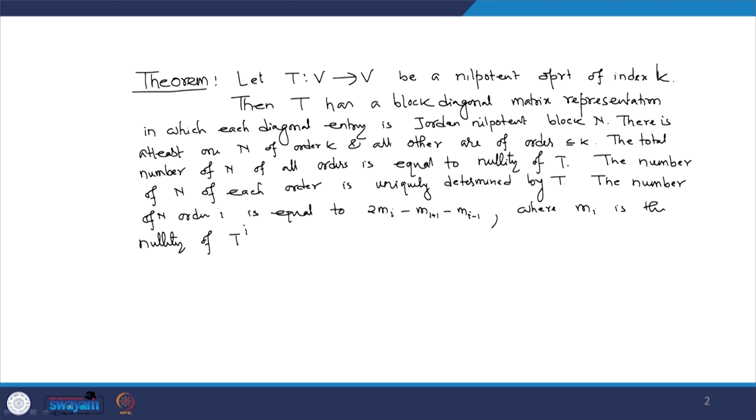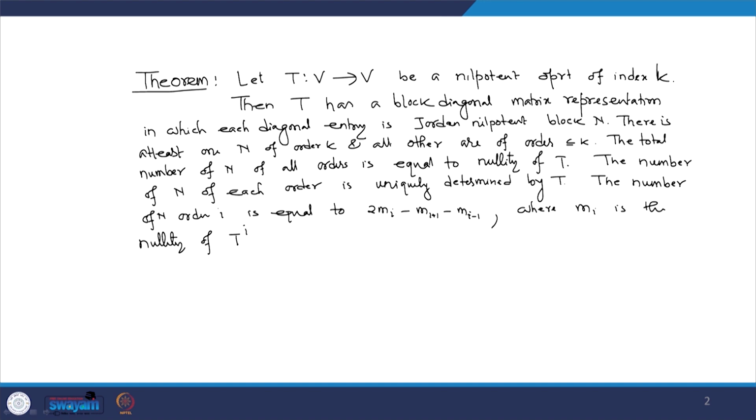In that block diagonal matrix representation, there will be at least one Jordan nilpotent block of order k, since if the block is of index k it also has to be of order k, and all other blocks will be of order less than or equal to k.